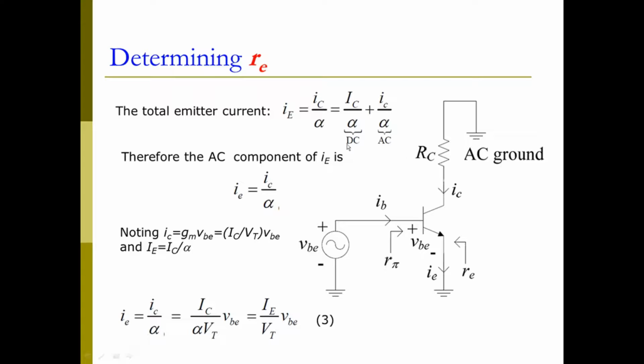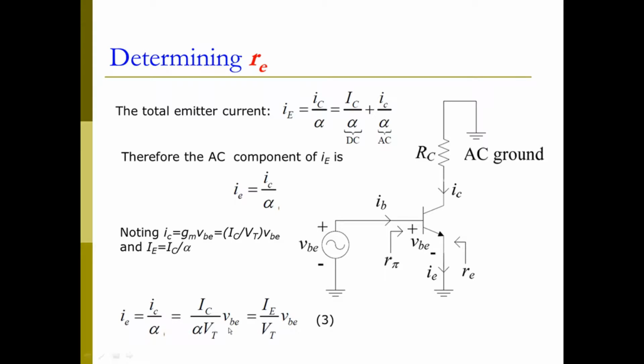We also have two components: one is the DC component, and the other is the AC component. This one gives us the AC component of our ie here. Now this is the formula we obtained before, and if we plug that in, we will be able to get this equation 3 here.